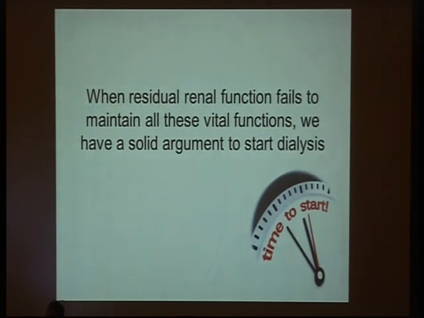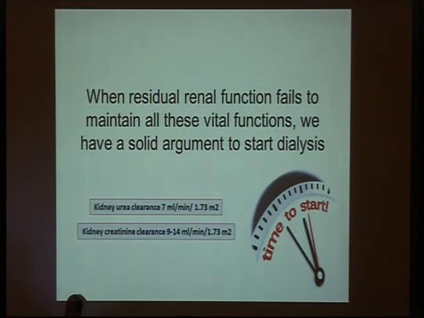So when residual renal function fails alone to maintain all these vital functions, now we have a solid argument to start the dialysis. This will usually match kidney urea clearance of 7 milliliters per minute and kidney creatinine clearance of 9 to 14 milliliters per minute.